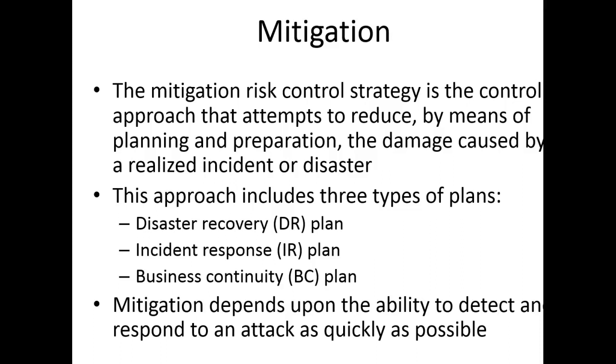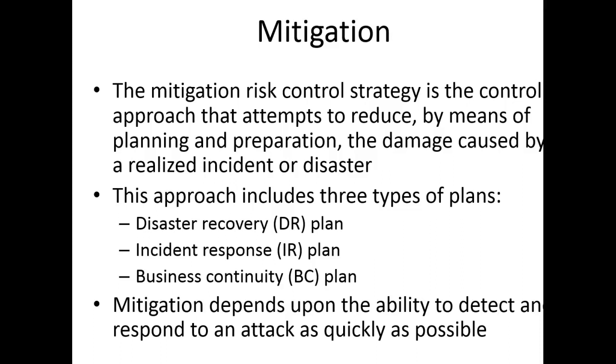The next strategy is the mitigation strategy, which is the control approach that attempts to reduce, by means of planning and preparation, the damage caused by a realized incident or maybe some sort of disaster. This kind of approach has 3 types of plan.